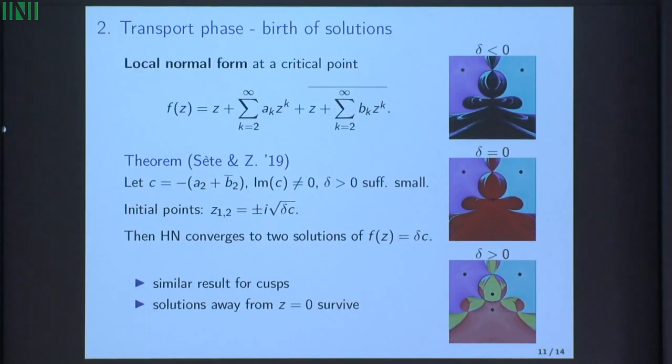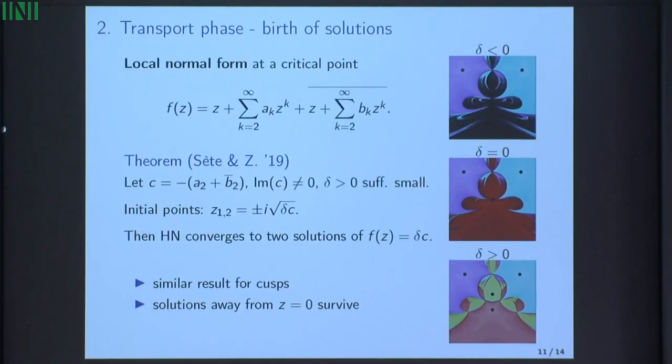So the strategy is very similar. We again have a special decomposition, which we call the local normal form. This is available for almost all critical points. And then we have again a theorem, with some C. This corresponds to the direction in which we cross a caustic, and this just means that it's not a cusp.